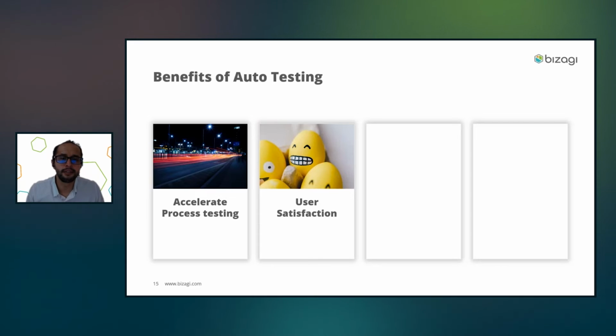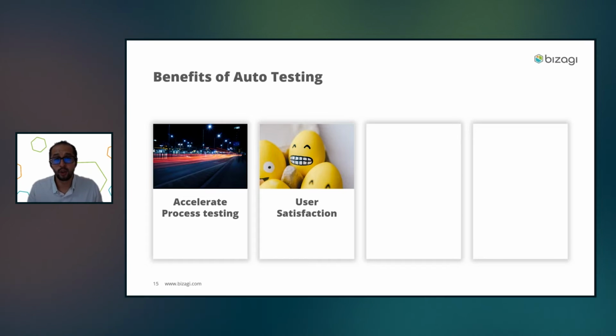The second great benefit with Bizagi Auto Testing is user satisfaction. And this is really important because, take into account that in these projects, when you are doing process automation and creating applications, you are replacing maybe old technologies with a new one, and you are always going to have people who are against that program, against that change.